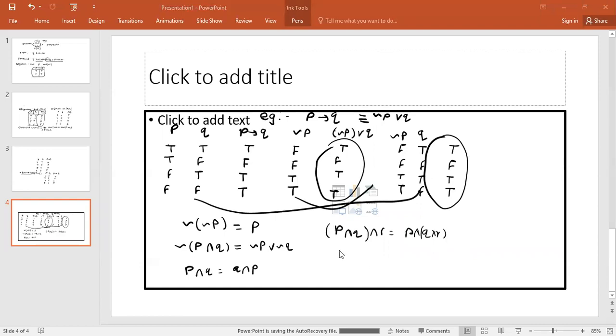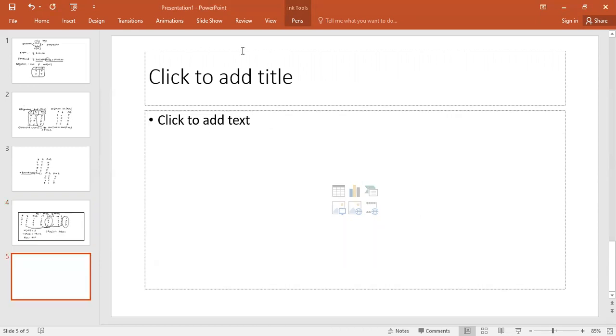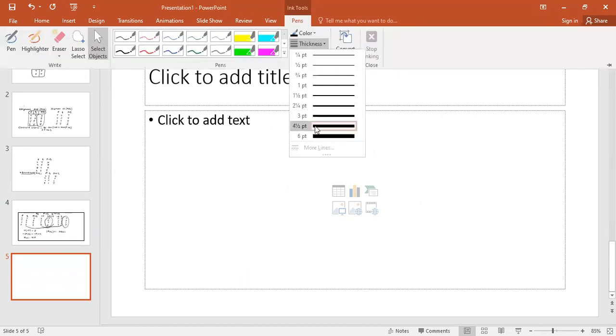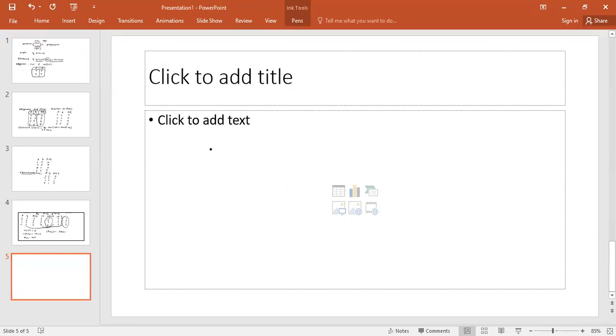Now we will see the distributive law. What is distributive law? So when it is P, Q, and R, okay?